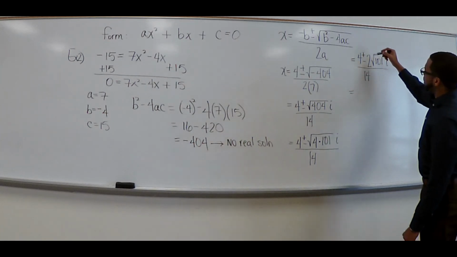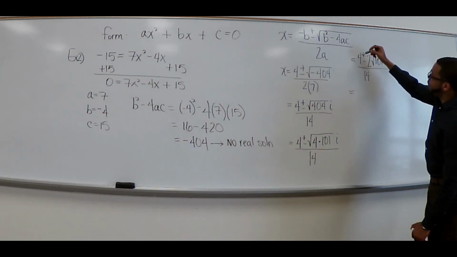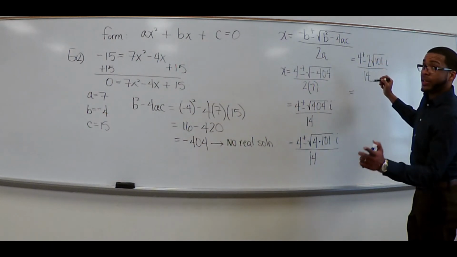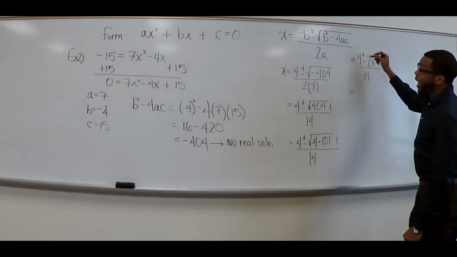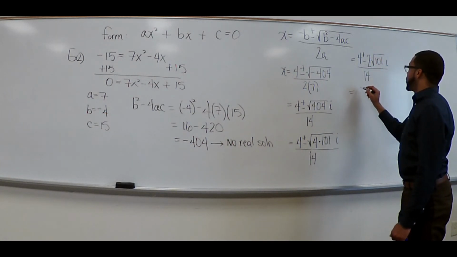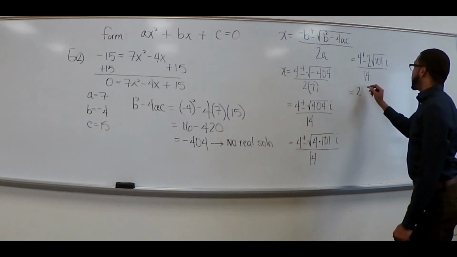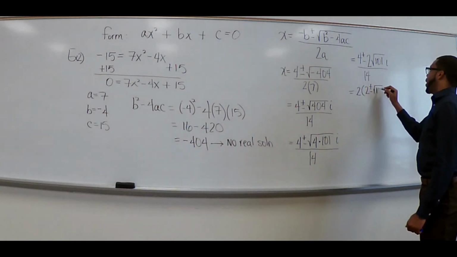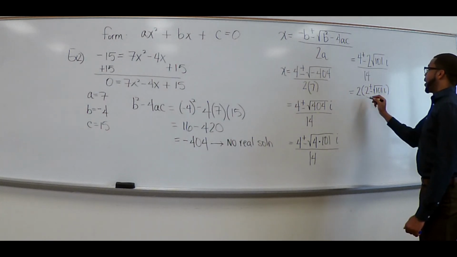Outside of the radical, all of these values have a what in common? Talk to me. Oh, it's a screen, I'm sorry. All of these have a 2 in common. So we have here, factor out 2. That leaves us with 2 plus or minus square root 101 i.